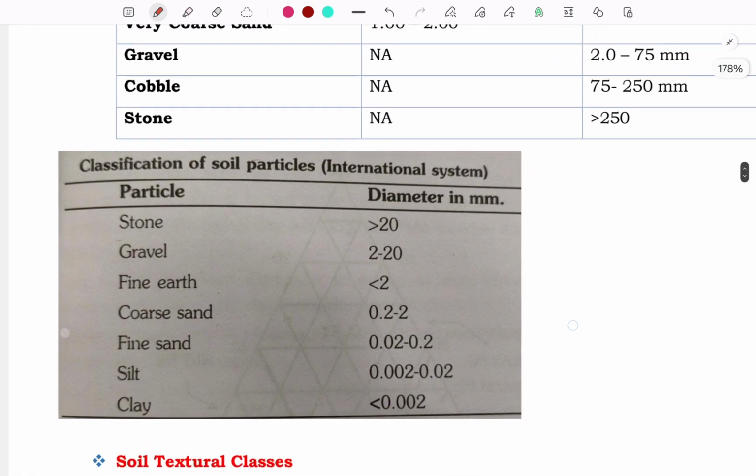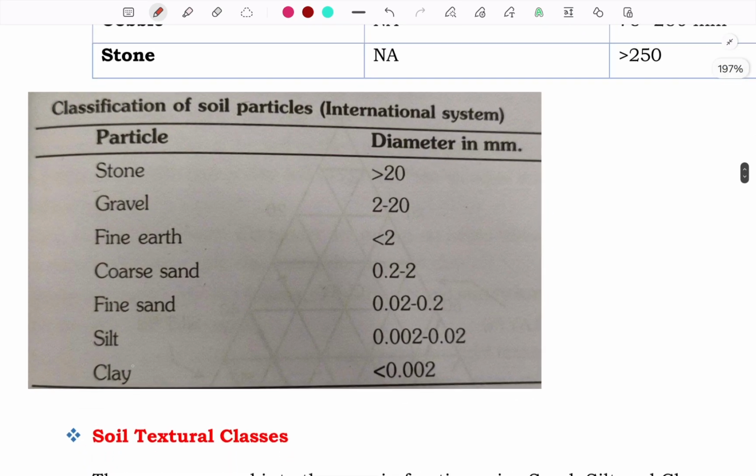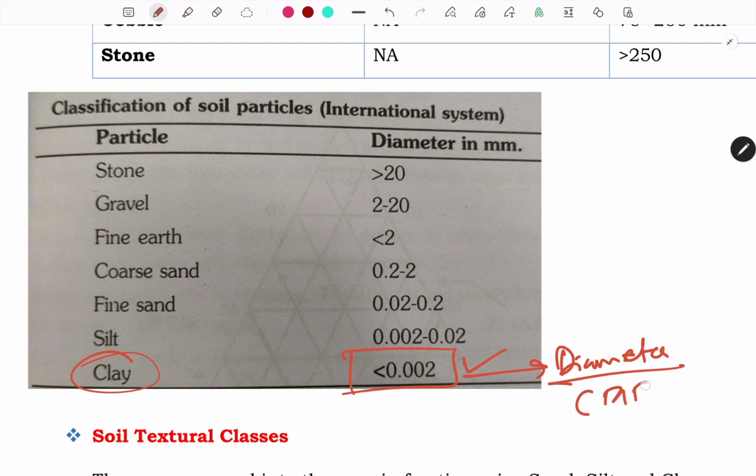You can see here the clay having size less than 0.002. This is the diameter of soil, in millimeter.